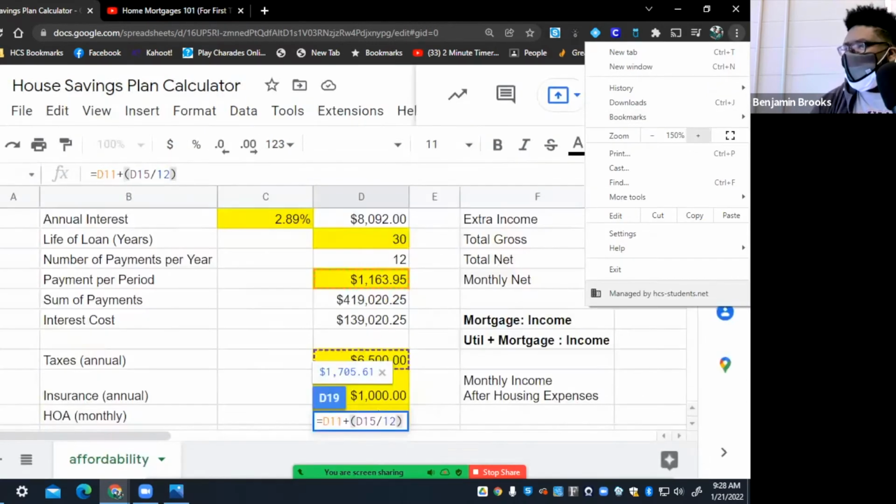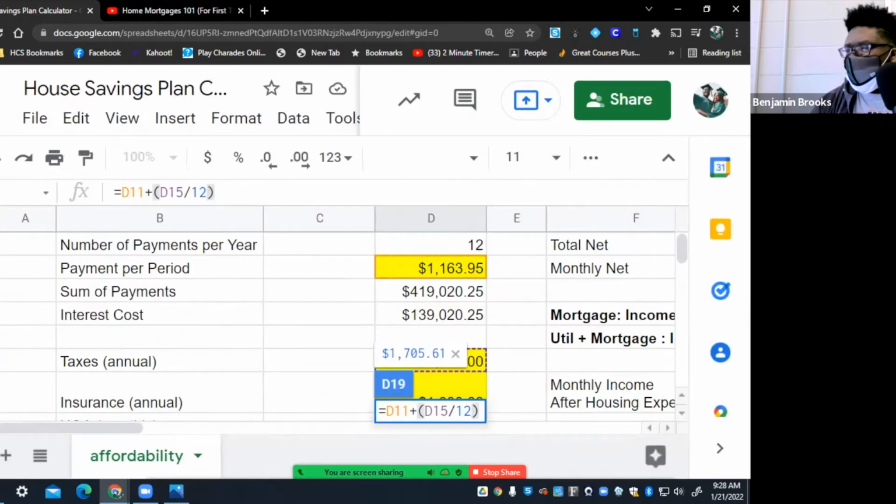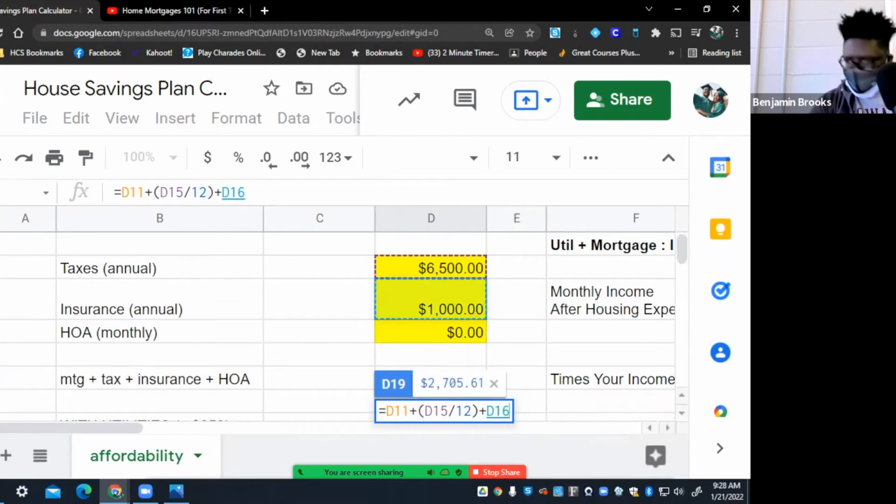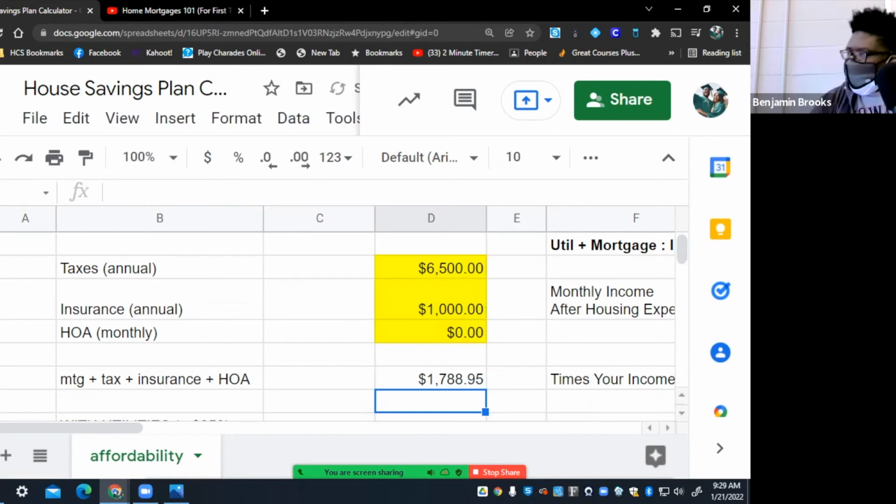Take your taxes, divide by 12. Let me blow this up a little bit so I can see a little bit better. Our taxes divided by 12 plus our insurance divided by 12. Put that in parentheses. And then plus your monthly HOA fee. Remember, I'm dividing by 12 just because those are yearly situations.